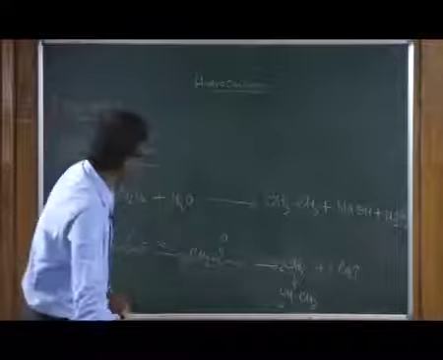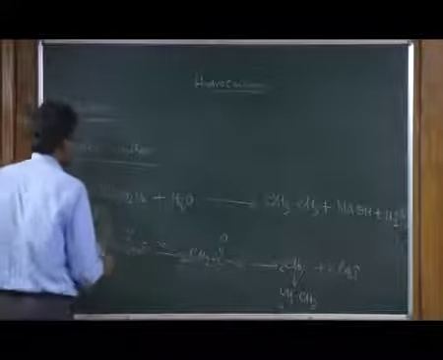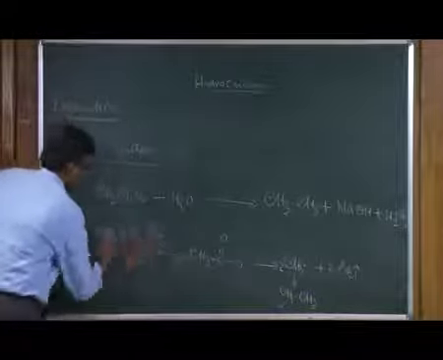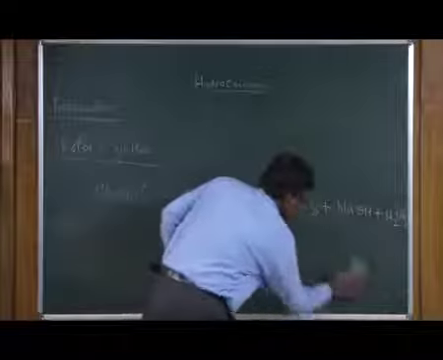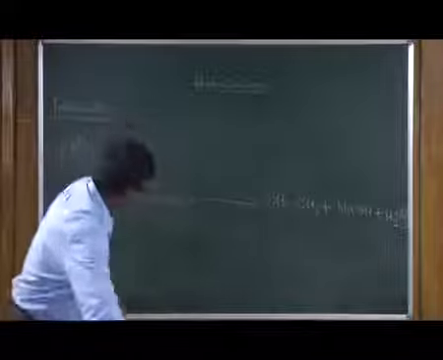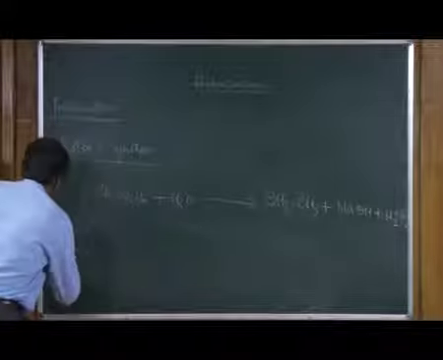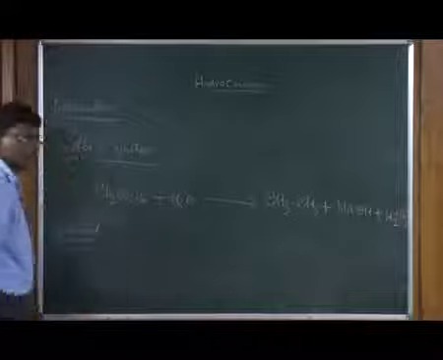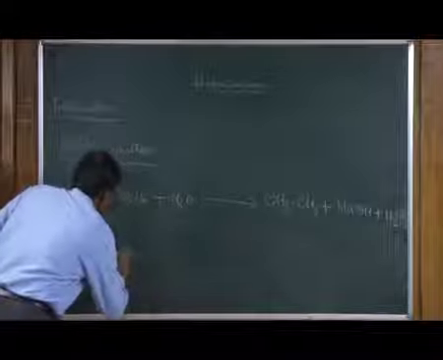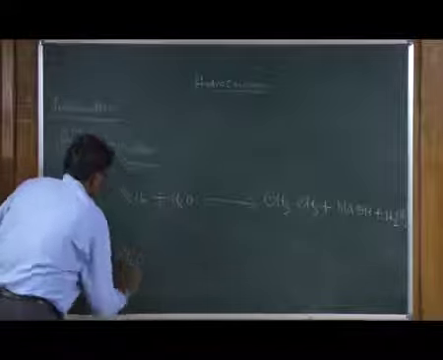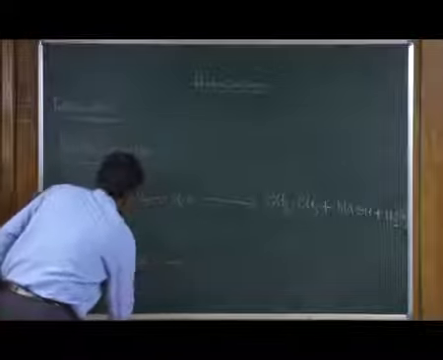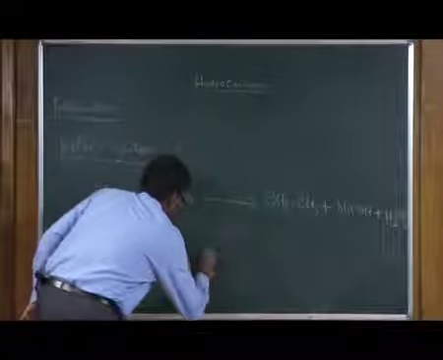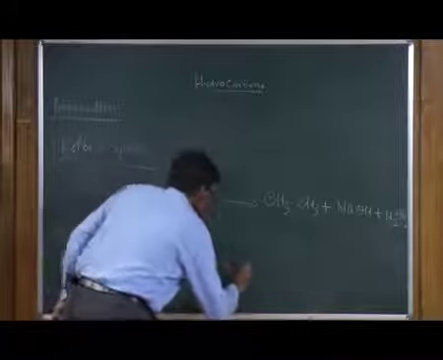At the cathode, water takes 2 electrons, and you generate OH minus plus H dot.